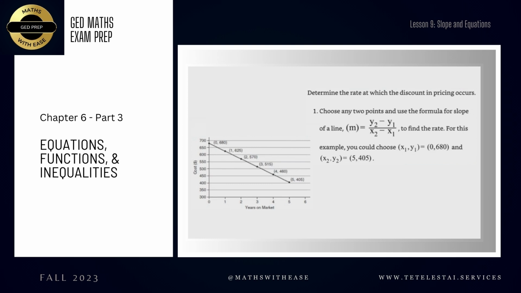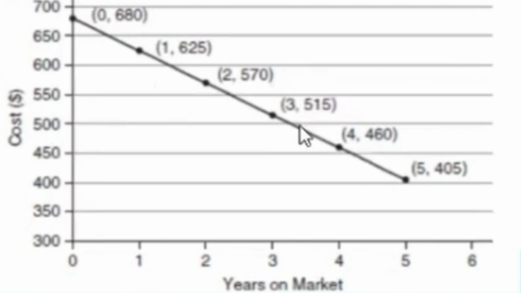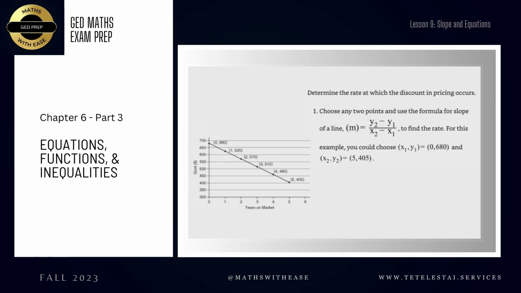Okay, so that's why we're finding the slope here, because remember we determined that the slope m is the same thing or corresponds to a unit measure. Okay, so all we're going to do is choose 2 points on the line, and then plug in those 2 points into our slope formula to find the rate.